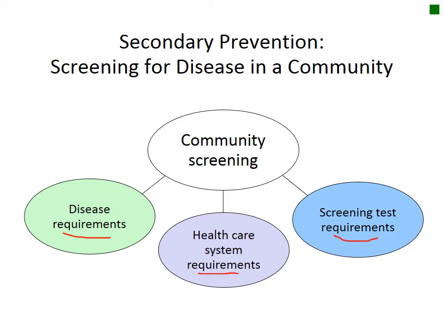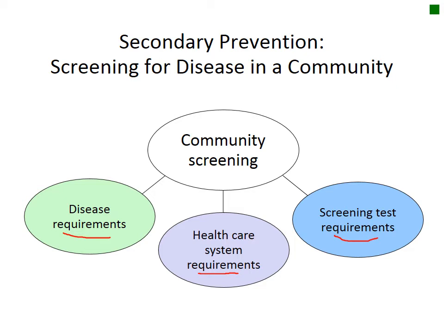Also, if you're going to conduct screening, if you're going to do community screening, your overall healthcare system must have the infrastructure and the mechanism to provide these screenings. So these are healthcare system requirements, and there are several of these as well.